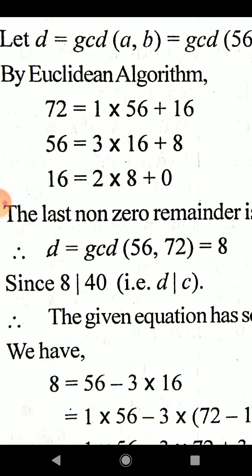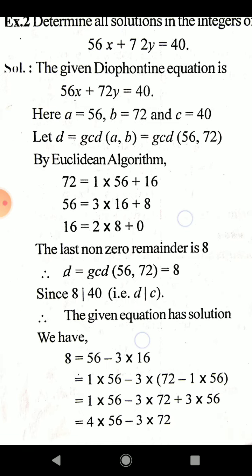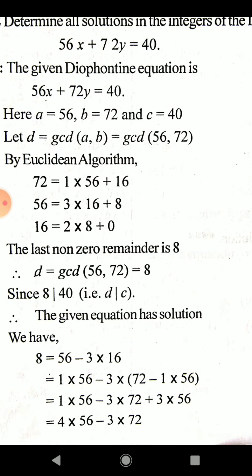Now, once it has a solution, we shall find one particular solution which is denoted by x0 and y0. Once we know the particular solution x0 and y0, we can obtain all solutions by using the formula.